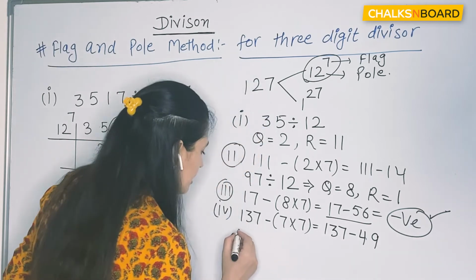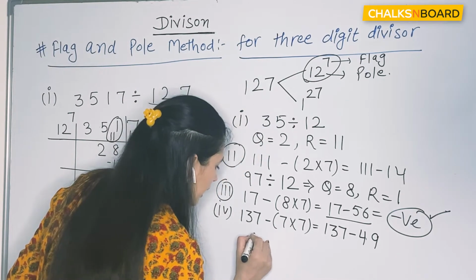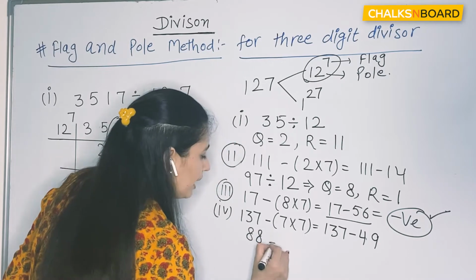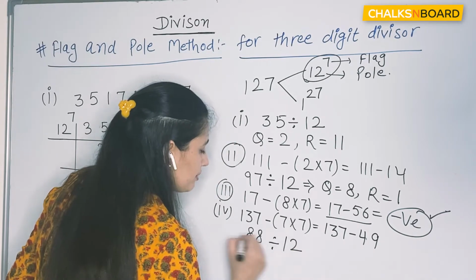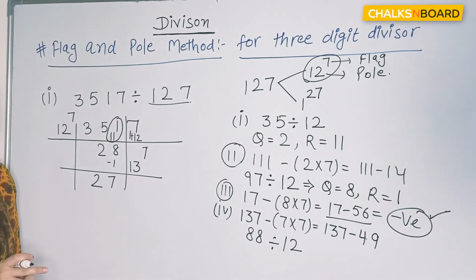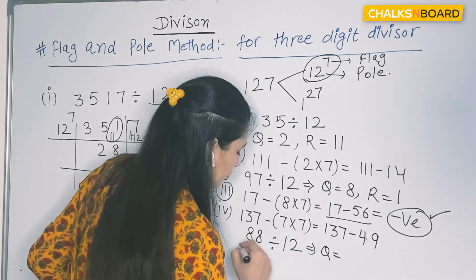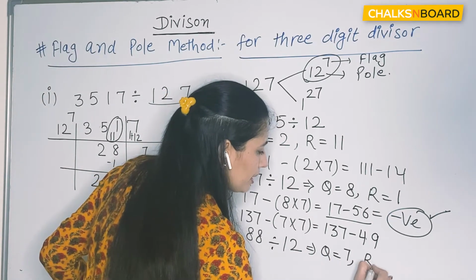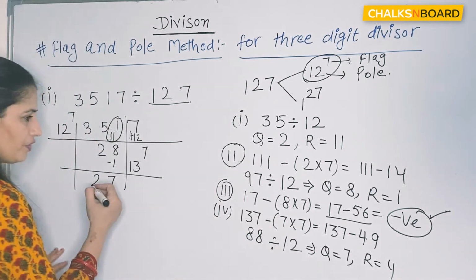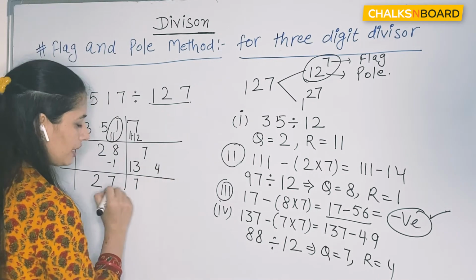Our answer is, that is 8 and 88. 88 divided by 12. So what is our quotient? When we divide 88 by 12, we got quotient is 7 and remainder is 4. So we have to write quotient here and remainder here.